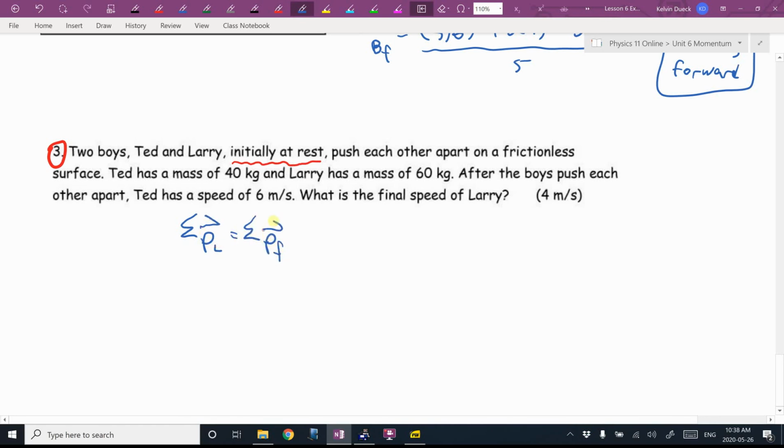The sum of all the initial momentum equals the sum of all the final momentum. But the initial momentum is 0, which means the final momentum is also going to be 0, but that's going to be mass TED, velocity TED, plus mass Larry, velocity Larry. I'll use T and L instead of A and B since they gave me lovely names there anyways.